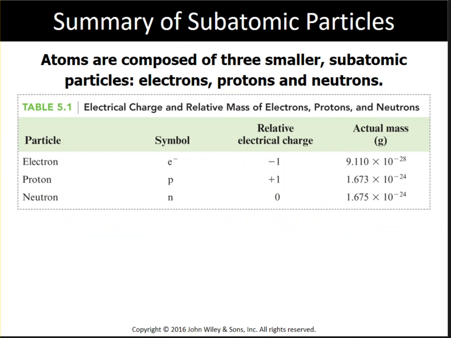So there are 3 subatomic particles we need to know for this class: electrons, protons, and neutrons. Make sure you know what the symbols for electron, protons, and neutrons are, and also you need to know the charges for electron, protons, and neutrons.